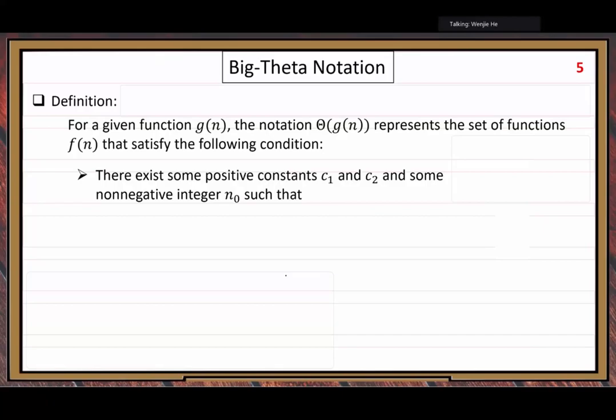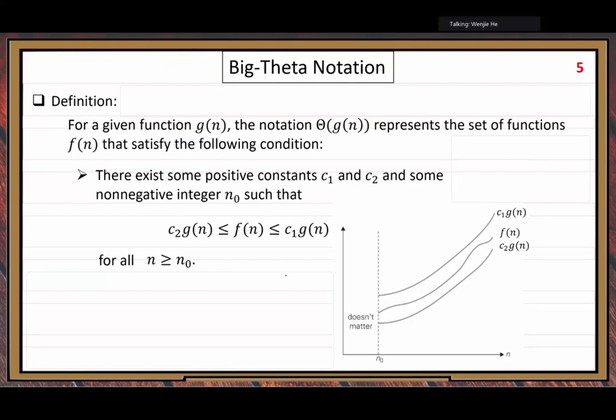So here you can see we need both an upper bound and a lower bound. C2 multiple of g function as the lower bound of f function, and C1 multiple of g function as the upper bound of f function. Still, you need to use that n0 constant, and you still have that vertical dashed line.